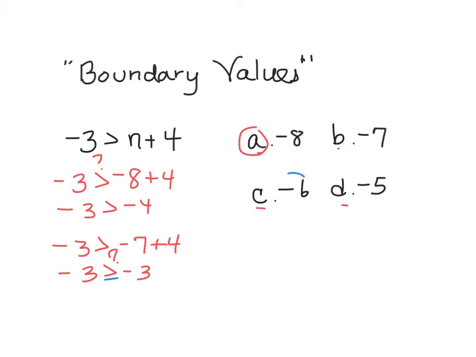And what we do is we just test these points in that inequality and see what's true and what's not true. This is not true that negative 3 is greater than negative 2. It's not true that negative 3 is greater than negative 1. So we rule out B, C, and D, and our only solution here would be negative 8. So watch these. The inclusive versus the exclusive is what we need to look at.